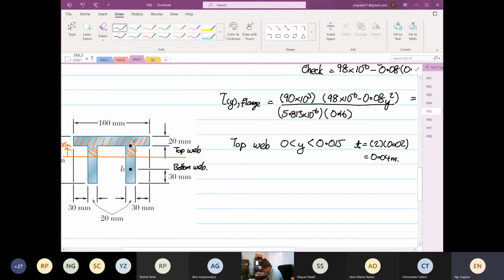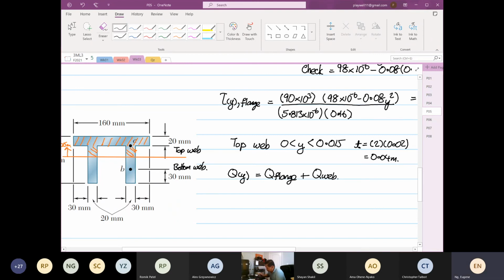Again, Q is the one that is going to be affected. Now, the Q is different. The Q will be the Q of the flange plus the Q of the web.